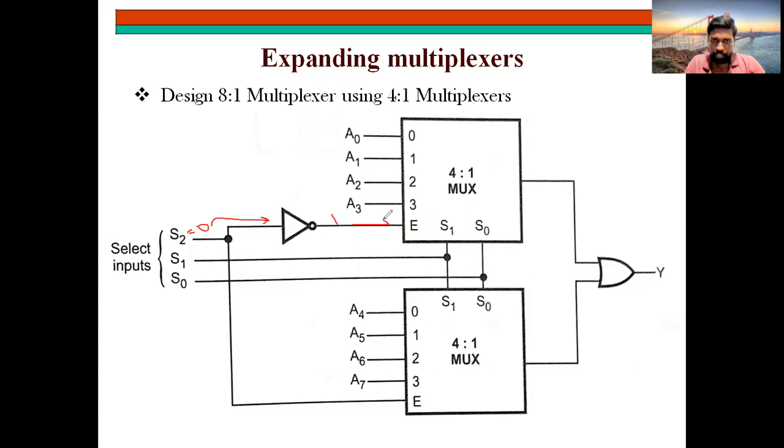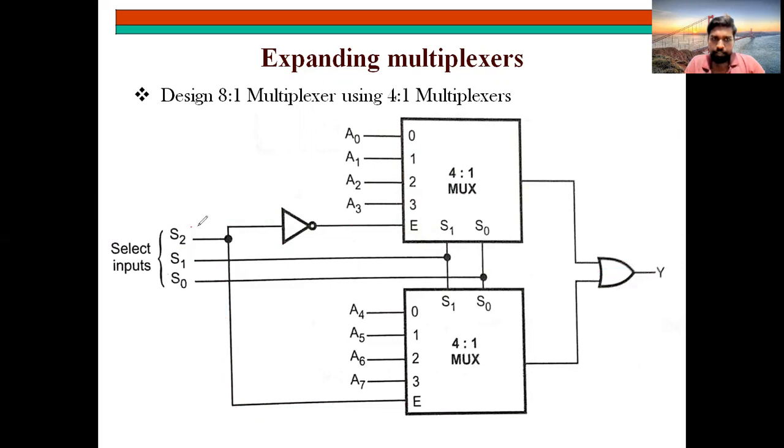When enable equal to 1, the circuit will be on. The same 0 will pass like this, and enable equal to 0 means it will be off state. So one is off, one is on. So you will get only the output of this one. You won't get this because it is in off state.